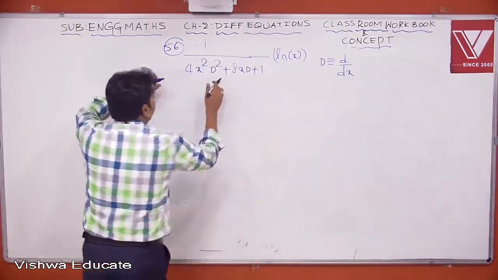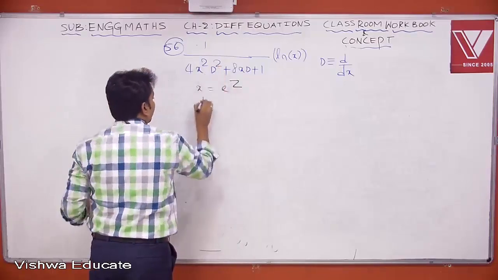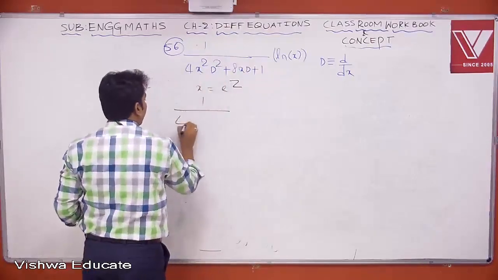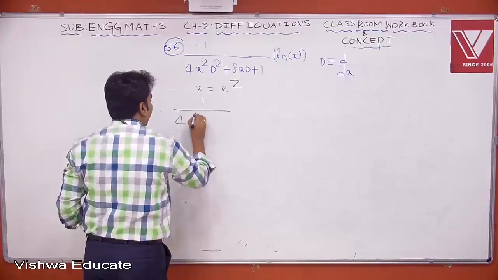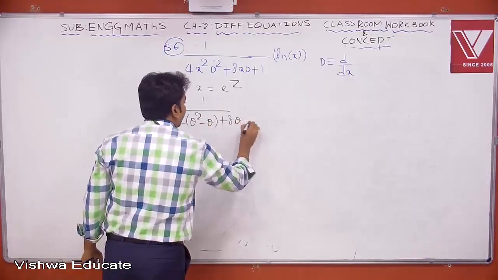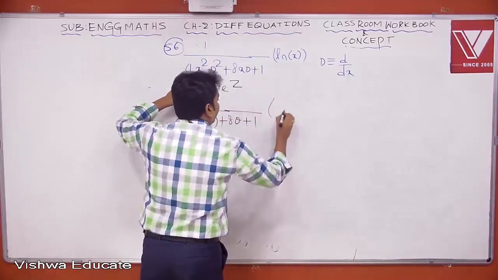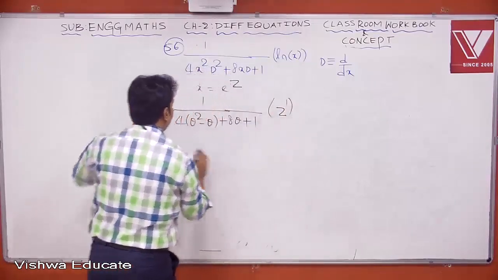In order to get this, take x equal to e^z. Then this expression becomes 1 divided by 4 into x²D² becomes θ² − θ, plus 8θ plus 1, of, when x is e^z, log x becomes z, that is z to the power 1.